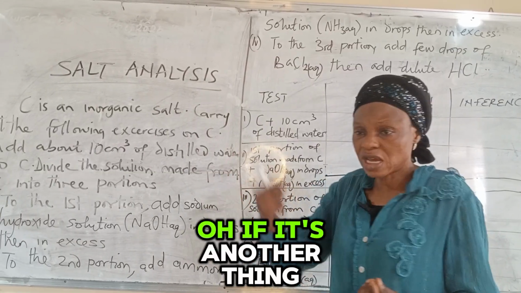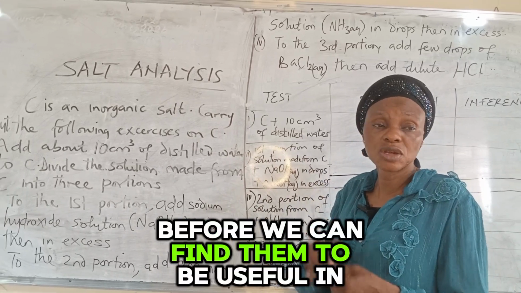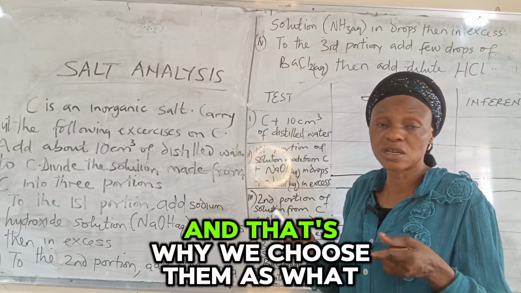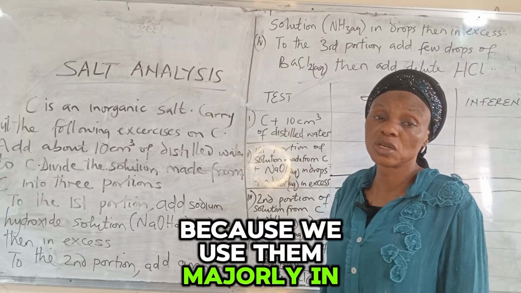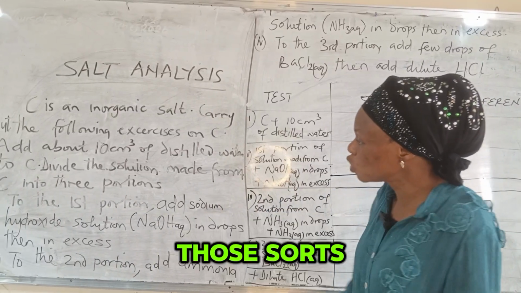Or if it's maybe aluminium, it's aluminium I'm preparing, before we can find them to be useful in everyday activities. There are various uses, and that's why we chose them as what we are analyzing, because we use them majorly in life.